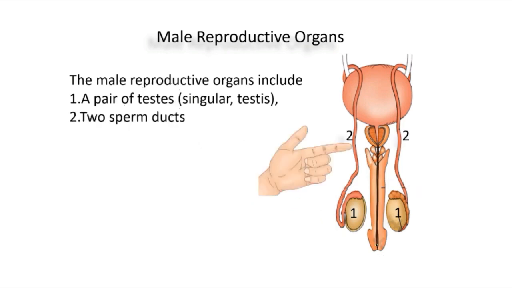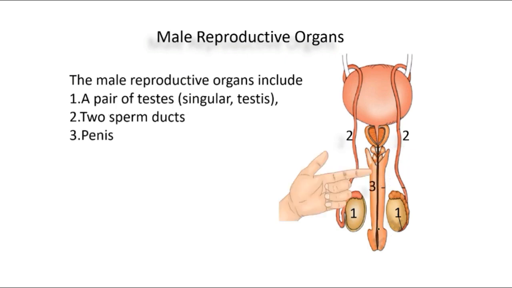And then we have seen those sperm will move through a path called vas deferens or sperm duct, and that sperm duct will allow the sperm to move through urethra along with the jelly, or we can call it semen, through penis. So urethra is a part which is inside the penis. So the third one is penis.